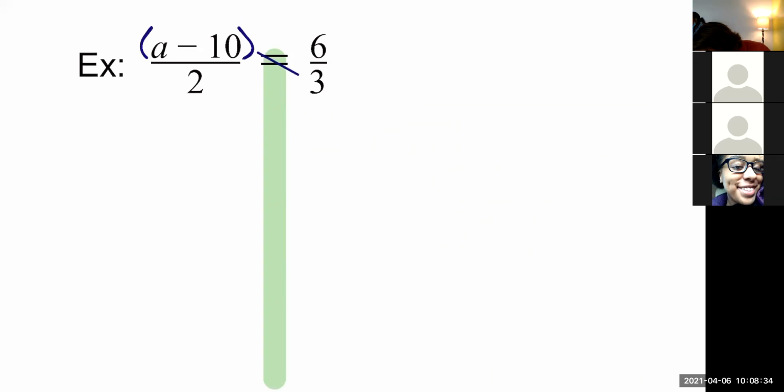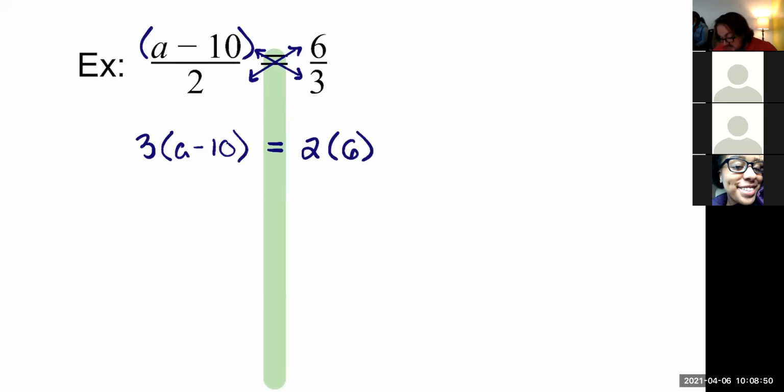So it's kind of like a diagonal pairing here. I'm going to multiply the 3 with the a minus 10 and then go the opposite direction, and I'm going to multiply the 2 with the 6. That's it. That's the only difference, is that cross multiplication, because now this is just another multi-step equation.